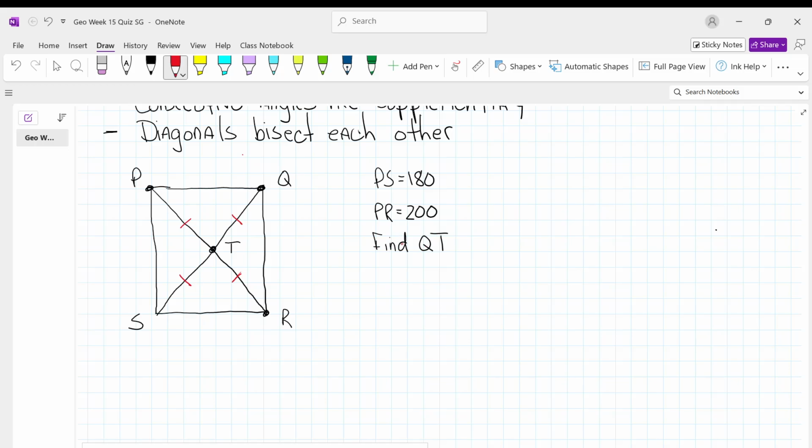So if we need Q to T, we're going to take 200 and divide it by 2, and we get 100, right? Well, T to R is 100, but T to R is equal to QT, so QT is 100 as well. It's just half the length of the complete diagonal.